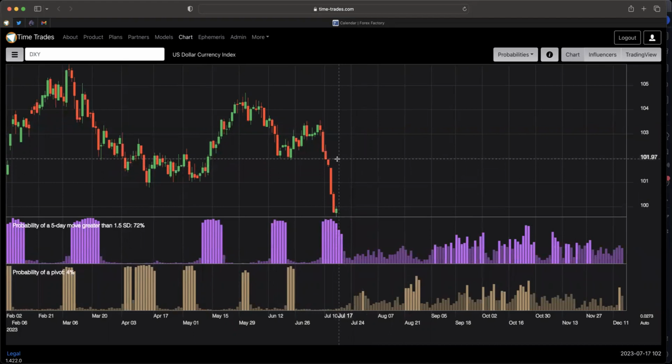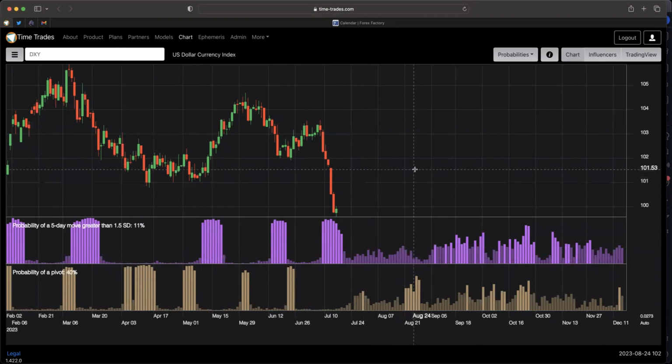So this move still has some legs. We see about 2 or 3 more days worth of high probabilities of a move. And then it looks like we're going to start basing to create a pivot low later in July.